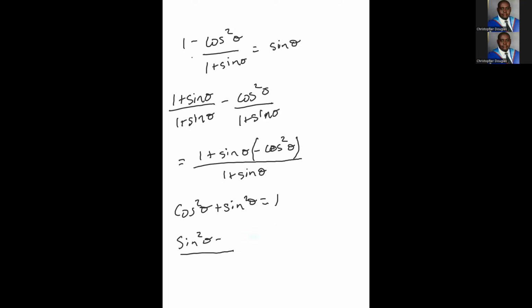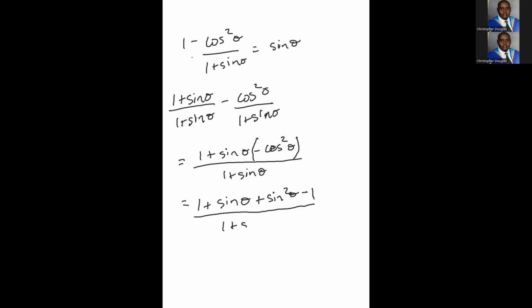I'm just going to put sine squared theta minus 1 for negative cos. So it will be 1 plus sine theta. And the negative cos now will be a positive sine squared theta minus 1 over 1 plus sine theta.